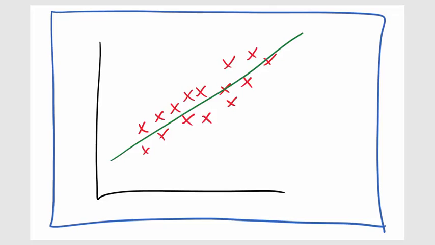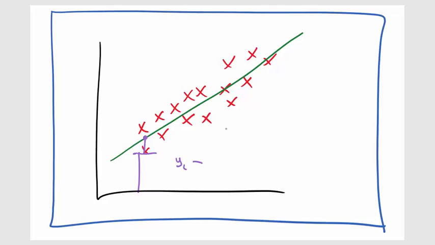The way it's going to pick this line is it's going to take, for example, our x1, y1 point. It's going to calculate that distance. That distance is y1, that height, minus the point on the line.